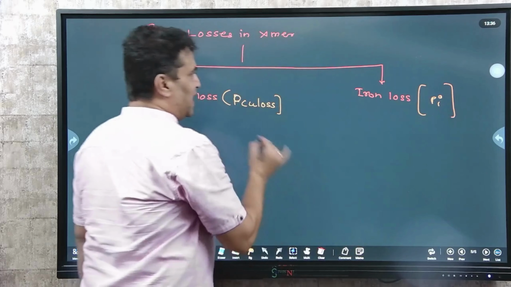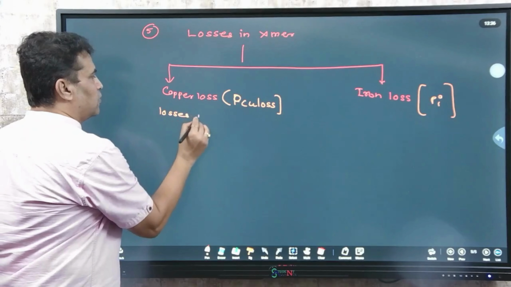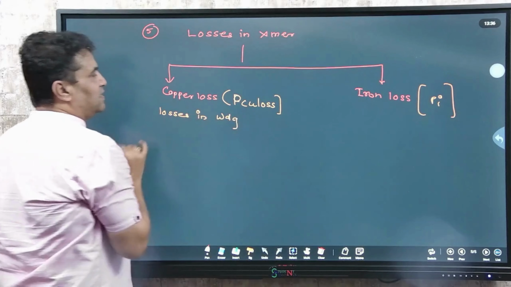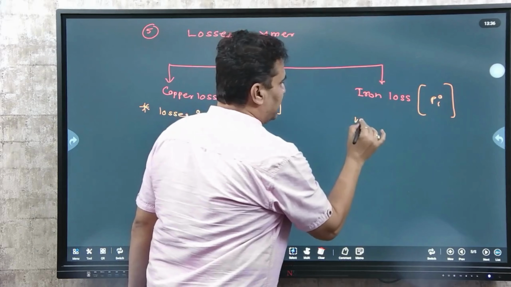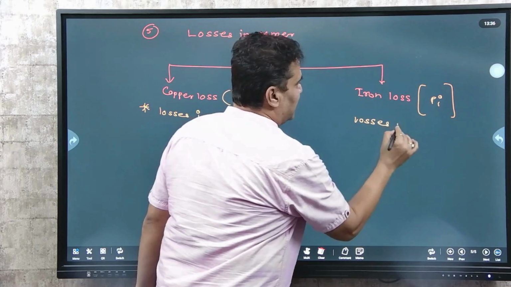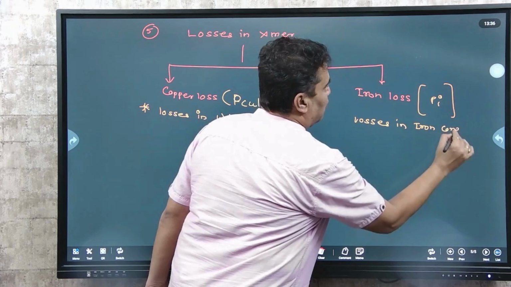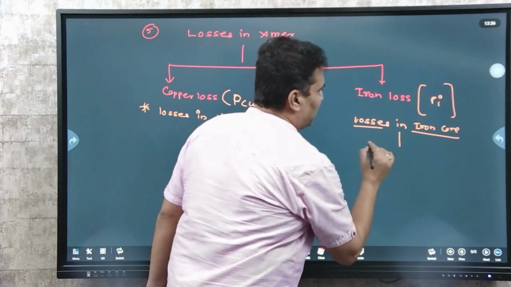Iron loss, तो इसका एक छोटा सा डेफिनेशन लिखना है. लॉसेस इन वाइंडिंग, शॉर्ट में बोल रहा हूं, losses in winding, WDG is winding, is called copper loss, and losses in iron core is called iron loss. So iron loss gets classified into two parts.